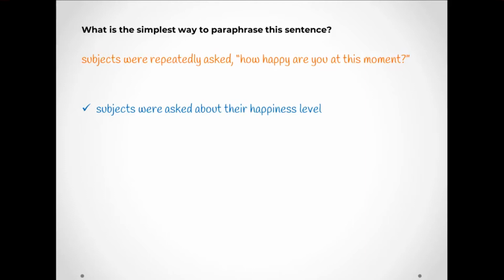Right, exactly. I came up with another example too: "Subjects were asked, 'Are you satisfied now?'" I changed happiness for satisfaction in this case, and I changed "at this moment" for "now."